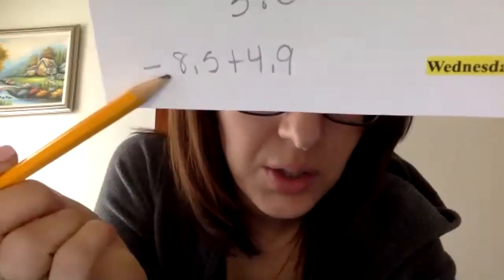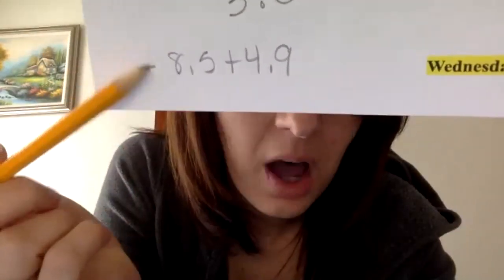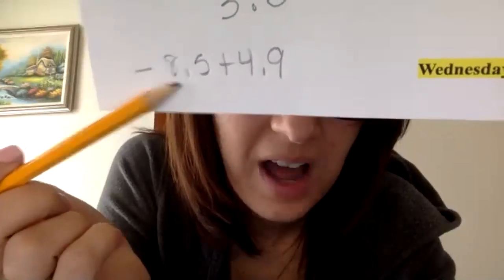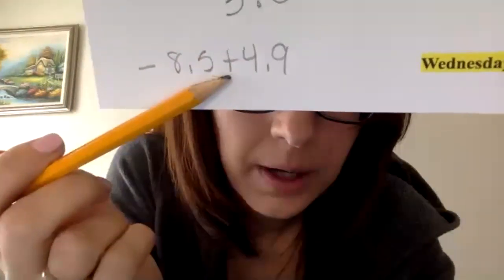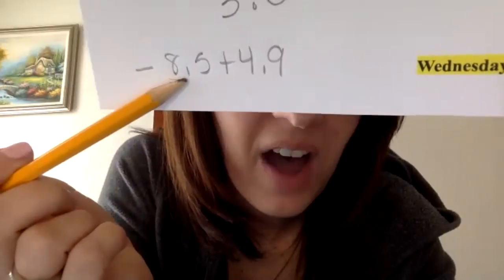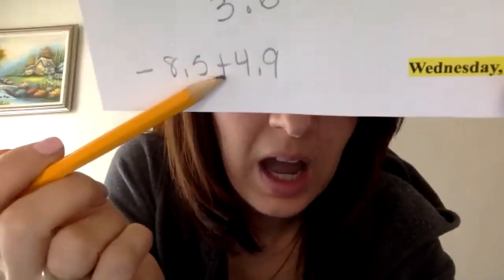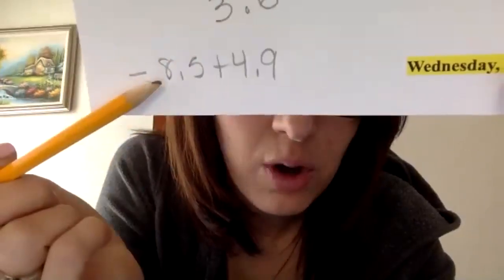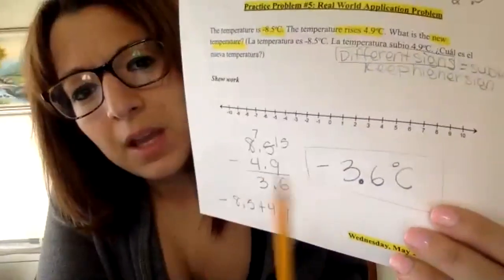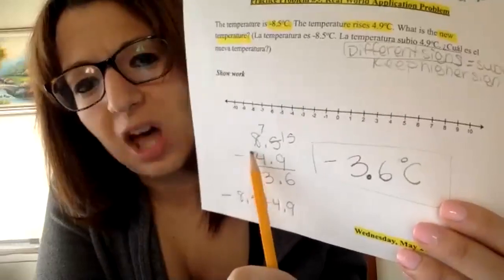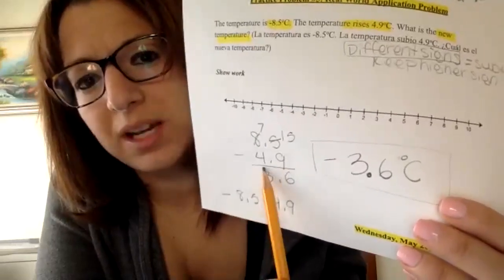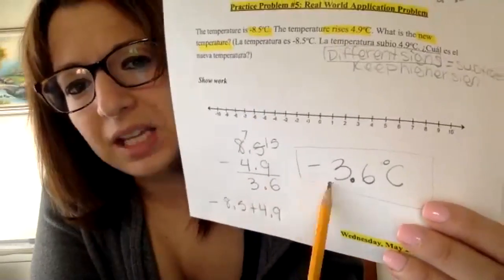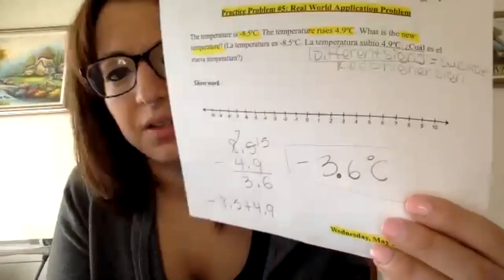Now, when the signs are different, I keep the sign of the higher number, which is 8.5, and I subtract. So you're going to subtract 8.5 minus 4.9. Different signs, I subtract, and we keep the negative, because 8.5 is greater than 4.9. I get negative 3.6 degrees Celsius.